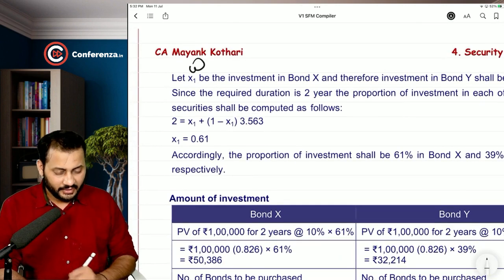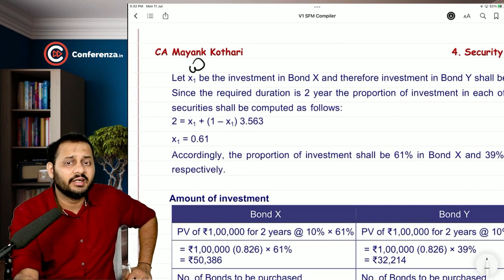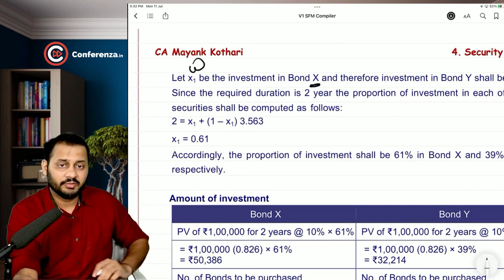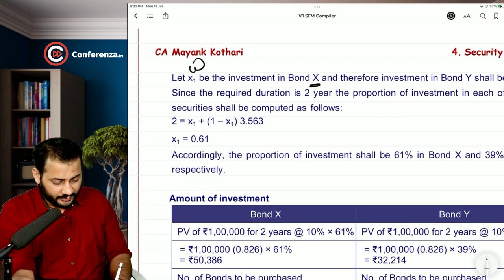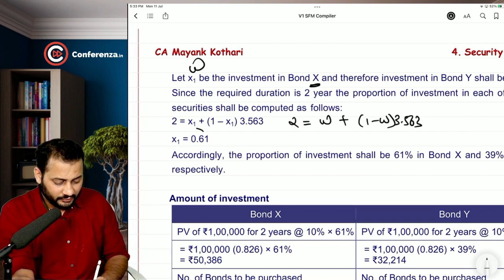Instead of W, they have taken X. I purposely, deliberately, didn't take X because X was the name given to the bond. So I can write it in my wordings as W plus 1 minus W into 3.563. When you solve this, you will get the W.